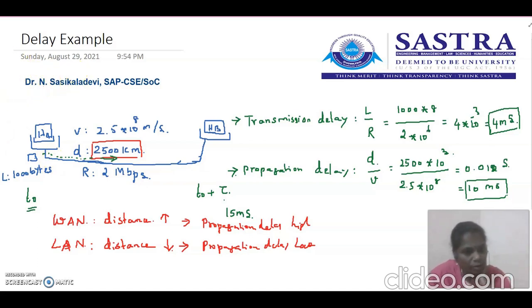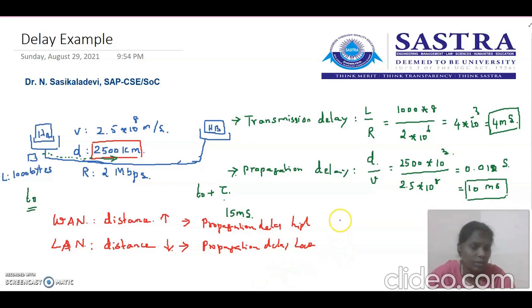Now we have compared two different types of network, wide area network and local area network. Let's compare local area network and personal area network. In a personal area network, a small scale network, the connectivity is in terms of radio communication, Bluetooth or Zigbee.